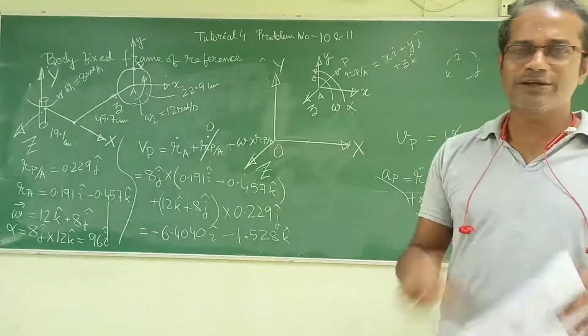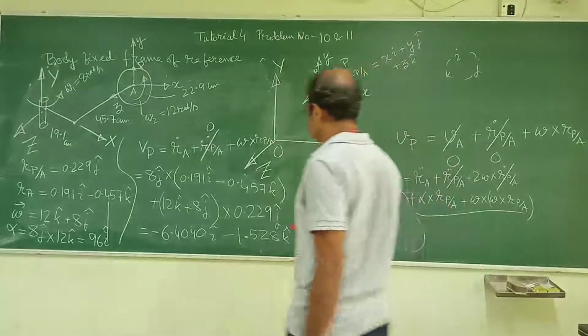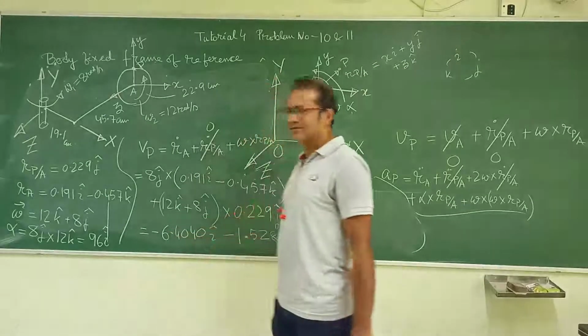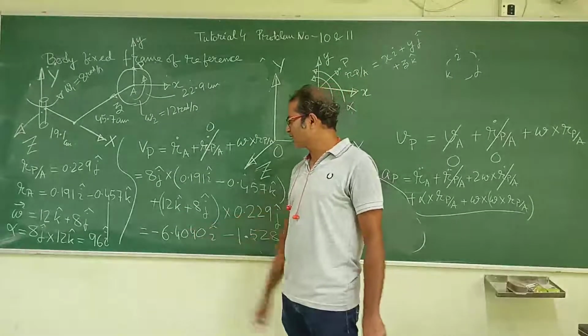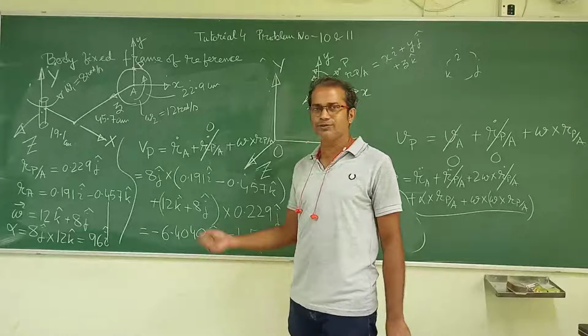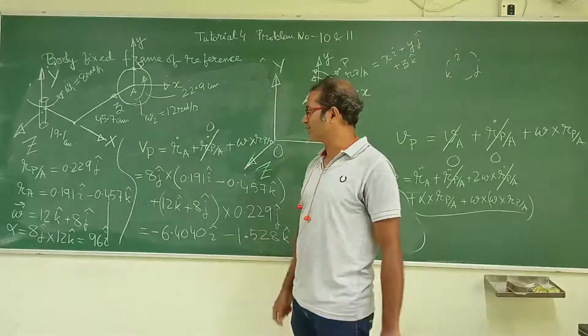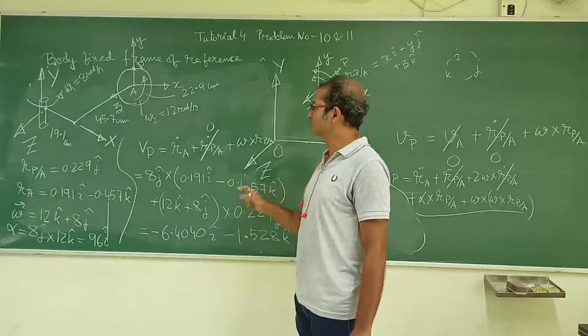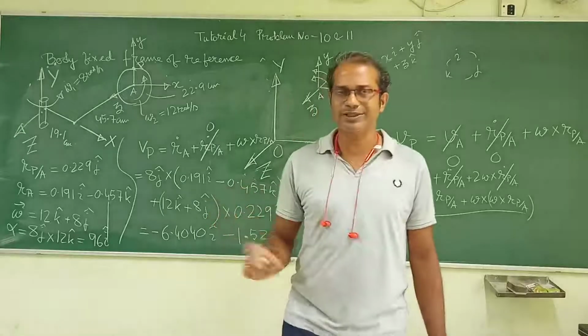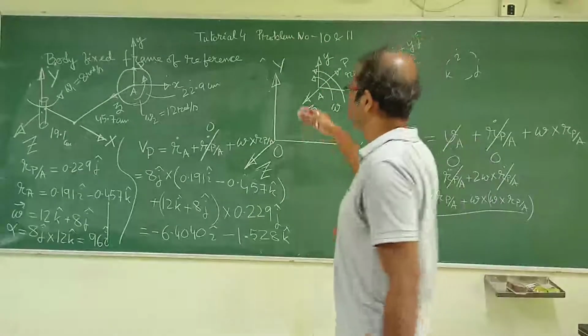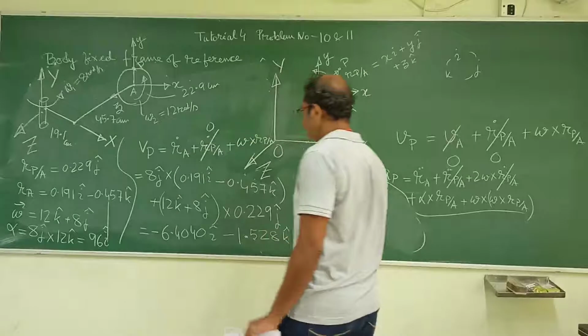You are going to get approximately 6.3 or something, and 1.5. That's the answer. Numerical values are not that important, only the understanding is important.